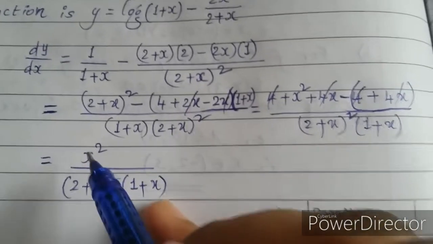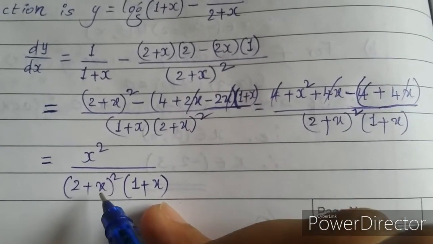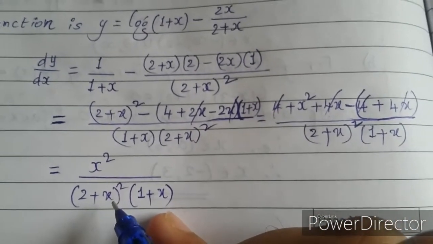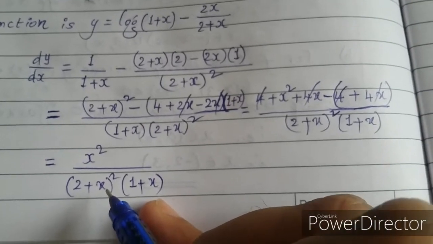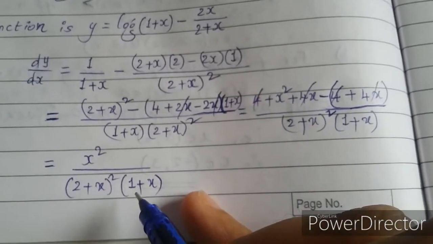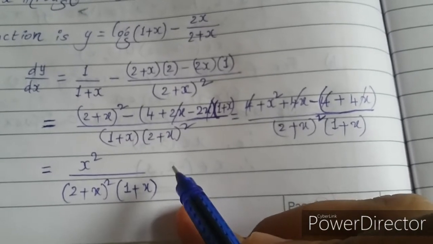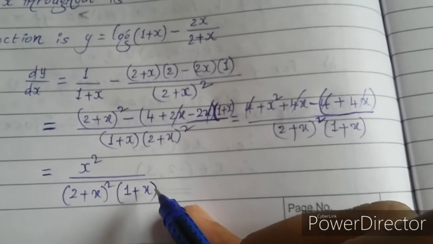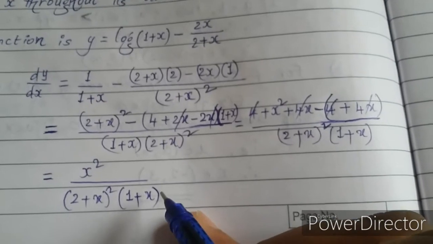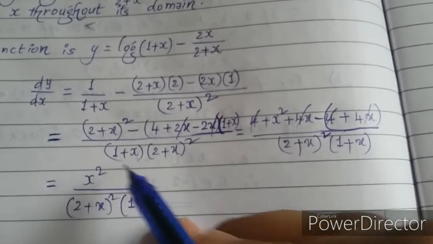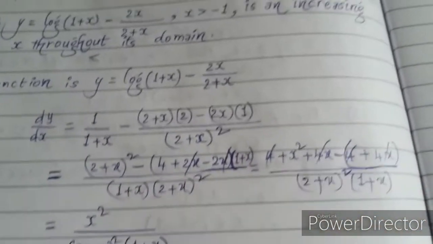We got x square is positive and this 2 plus x whole square is positive, and the function is an increasing function only when this is greater than or equal to 0. So 1 plus x is greater than 0. This function will be greater than 0 when 1 plus x is greater than 0.